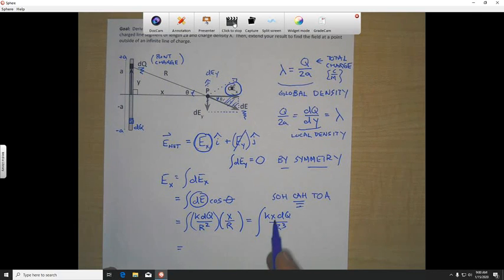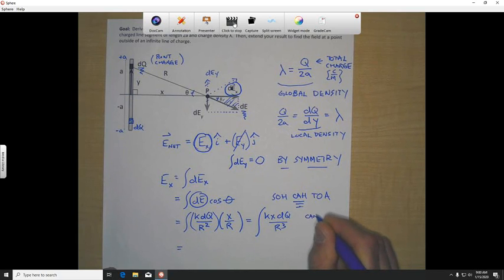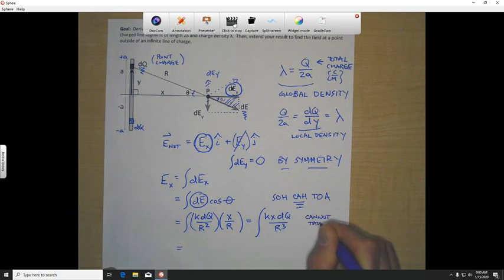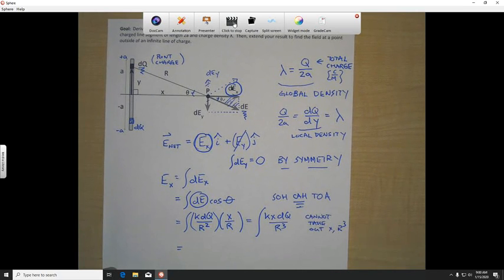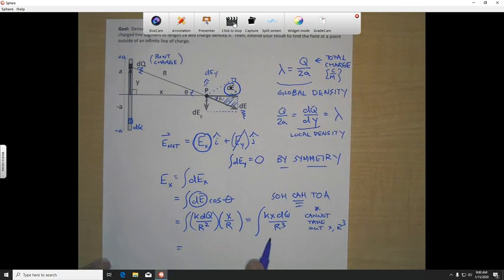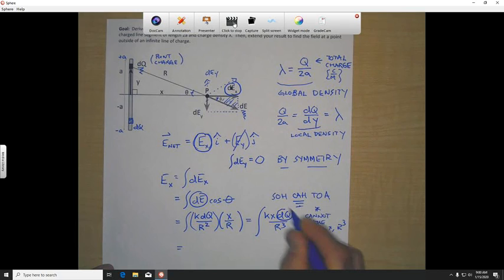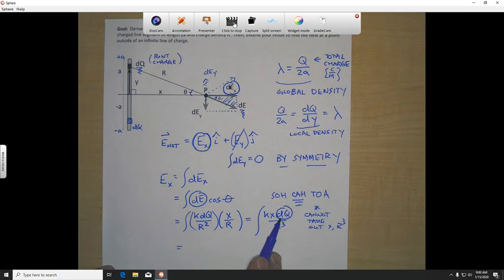So you cannot factor out x and r cubed. It's important. And so we're going to need to do a substitution here, and we're going to need to eliminate dq and replace it with something maybe that would be more useful to us.